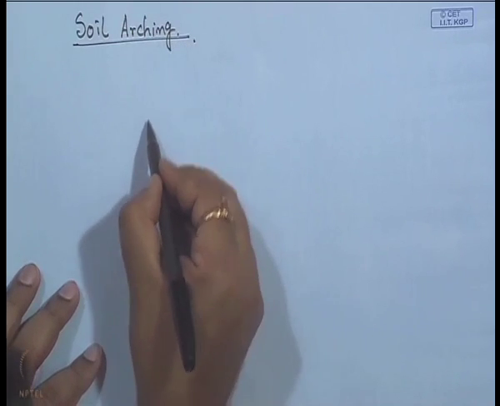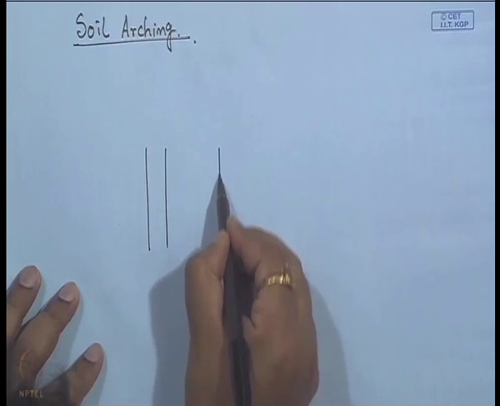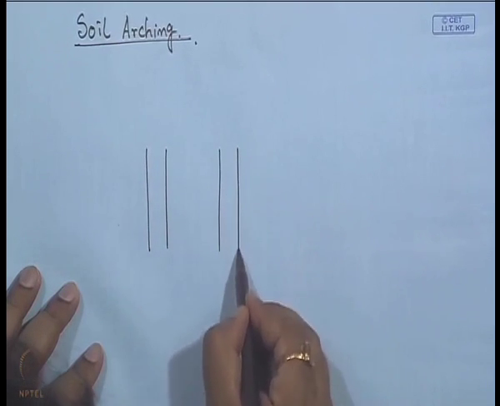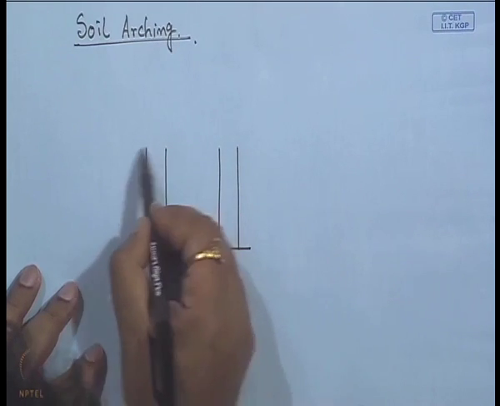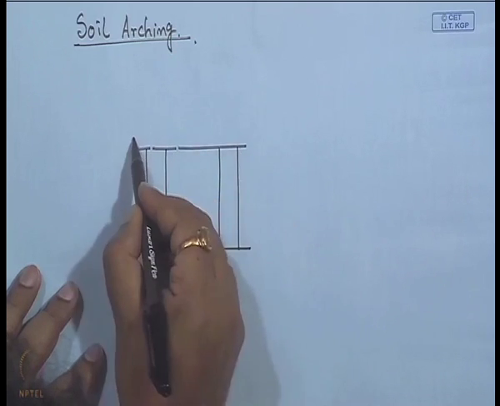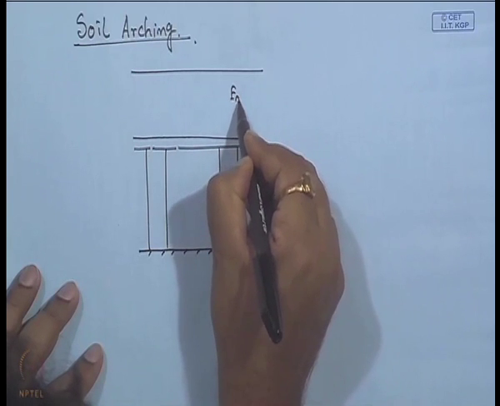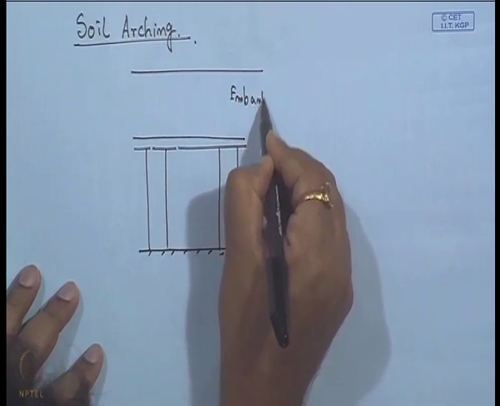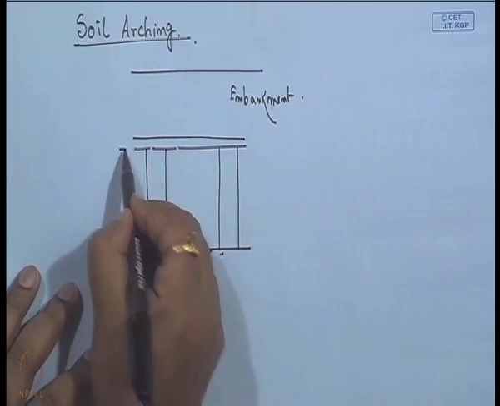Suppose we have a stone column here, and this is the embankment.